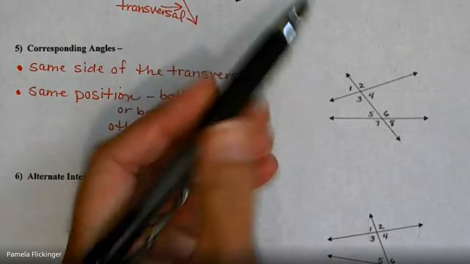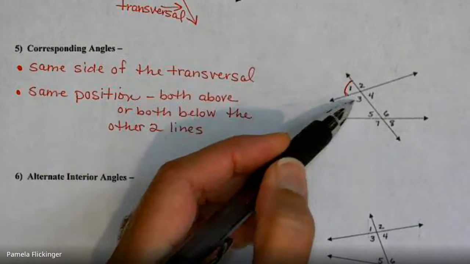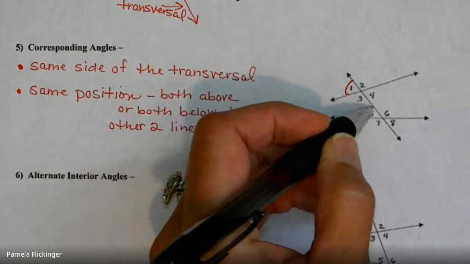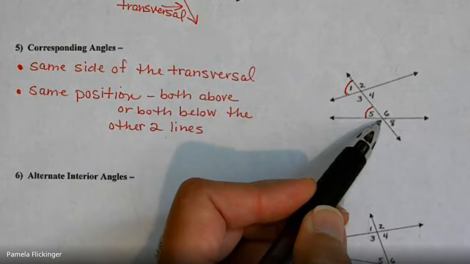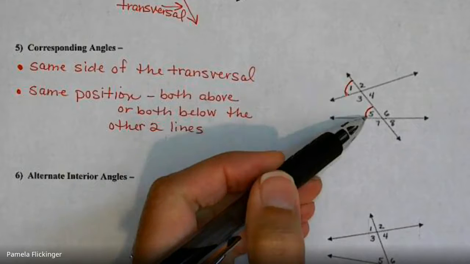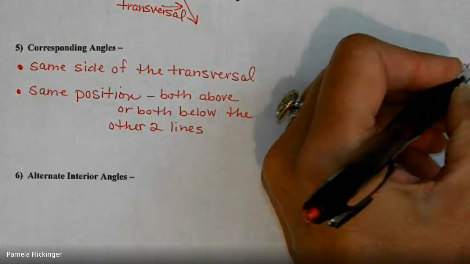Angle 1 is on the left side of my transversal and above. So I need down here the angle that is to the left and above the other line. They're both left and above, so we would say angle 1 and 5.